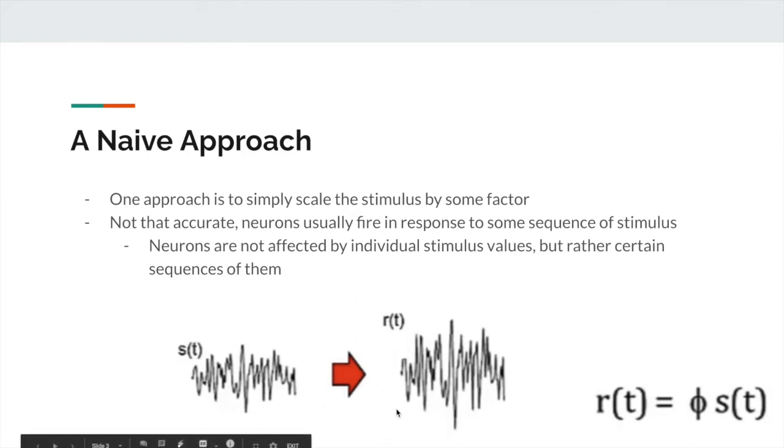In fact, this almost never occurs. Usually the neurons act as a sort of aggregator of the stimulus. And so it's usually not that helpful for the neuron to just blindly scale up the stimulus. This is usually not what happens. So this ends up actually not being a very effective method of neural encoding because it does not represent a large portion of neuron behavior. So what can we do instead?